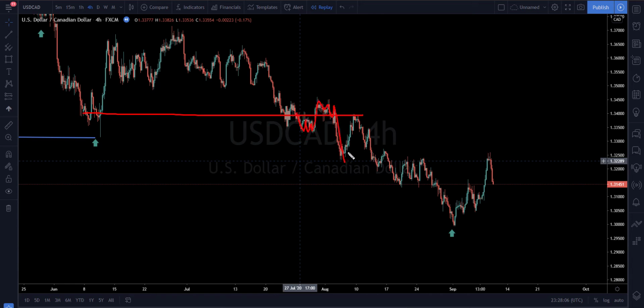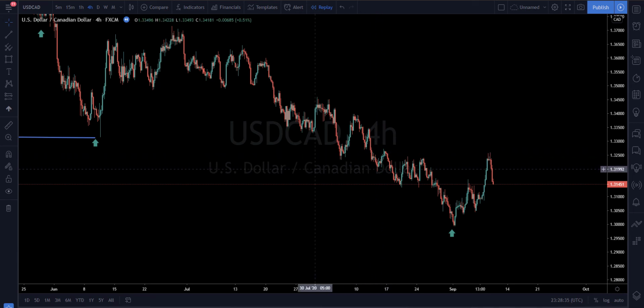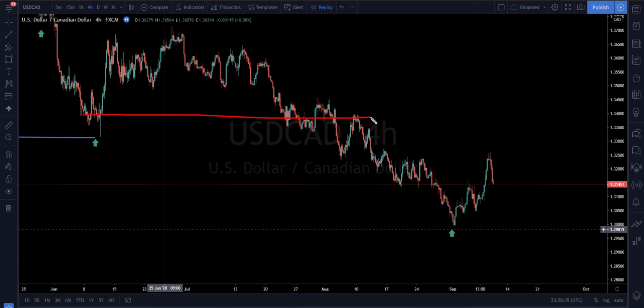Another shoot down and then quickly back up, so that really didn't happen. Our long run started from here, or should I just redraw it and say this is our run?